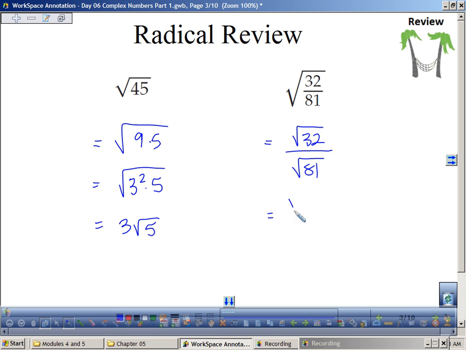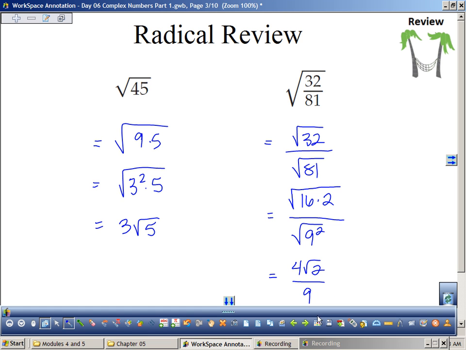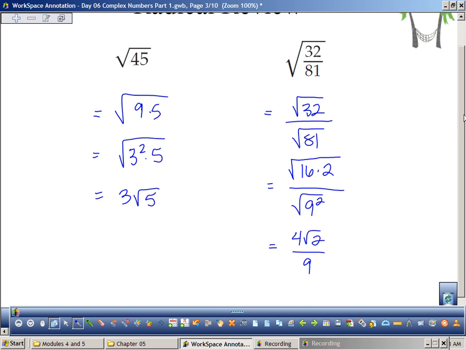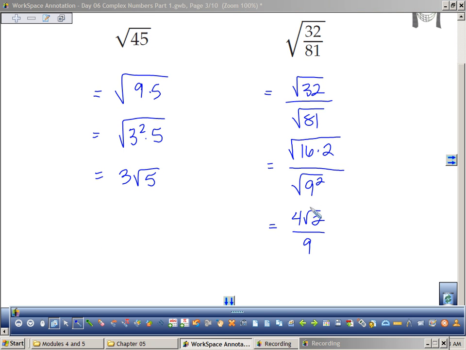The square root of 32 is 16 times 2, and the square root of 81 is 9 squared. I'm going to skip this step since we did that one earlier. So this would just be 4 root 2 over 9.